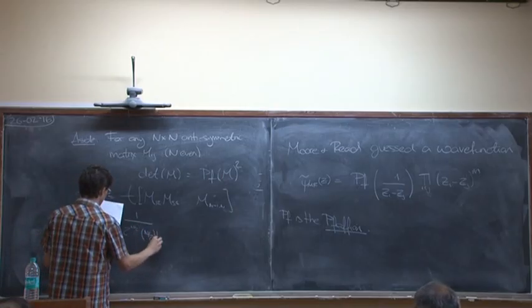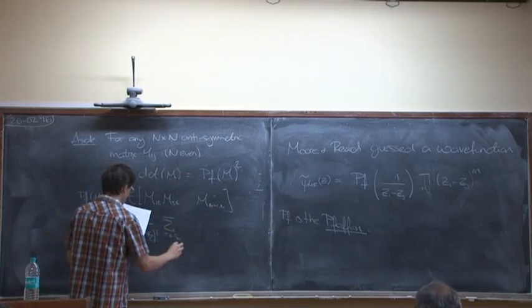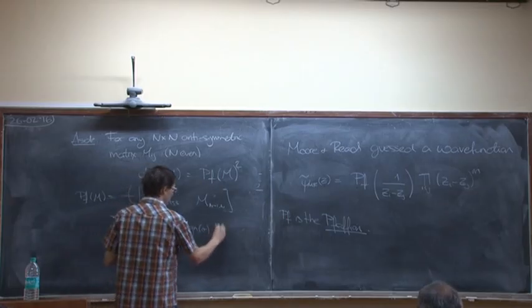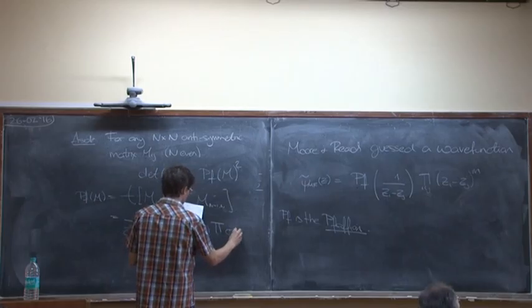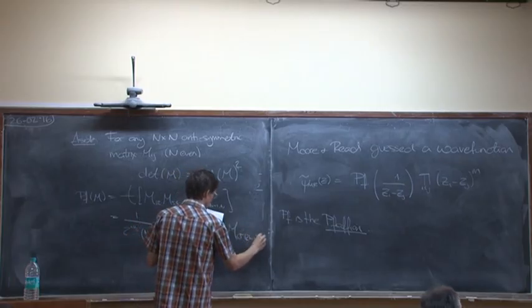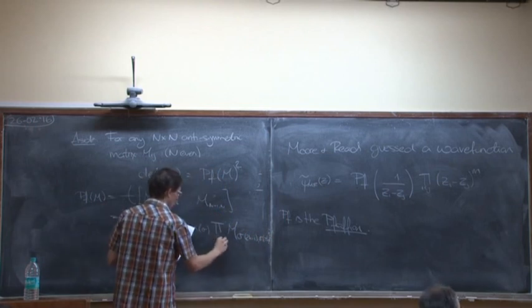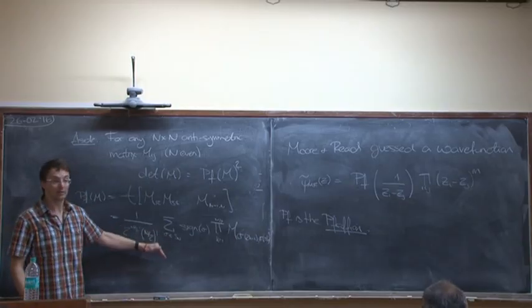That's the same thing as doing the following. You sum over all sigma in the permutation group S_n, the sign of sigma, that's your epsilon symbol, times the product over k of M_{sigma(2k-1), sigma(2k)}. Alright, so here are two explicit formulae for it.